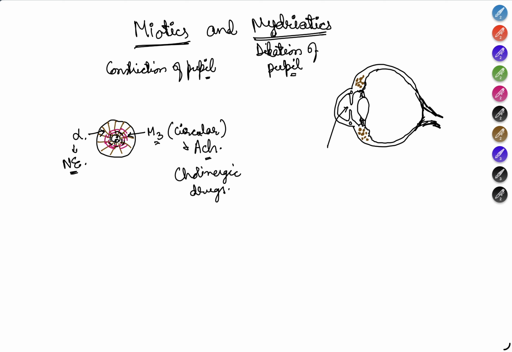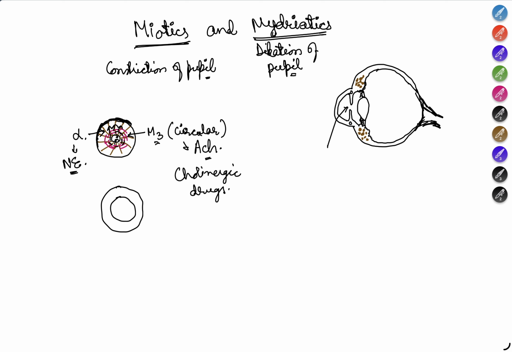This is the fixed end of the muscle, and the free end is towards the pupil. So whenever this muscle contracts, it contracts in this direction, which will lead to opening of the pupil. So it will lead to dilatation, or mydriasis.